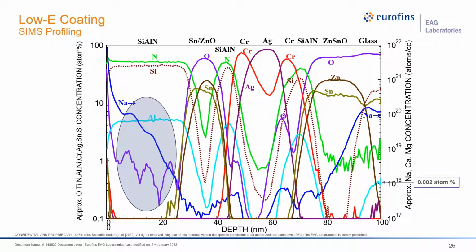The reason we are using SIMS measurement for these profiles is its ability to measure high concentrations of matrices as well as impurity concentrations. As you can see, the sodium is roughly about 0.002 atom percent, and we can clearly see these things. So you have a high dynamic range, and you have the depth resolution to be able to identify these layers.